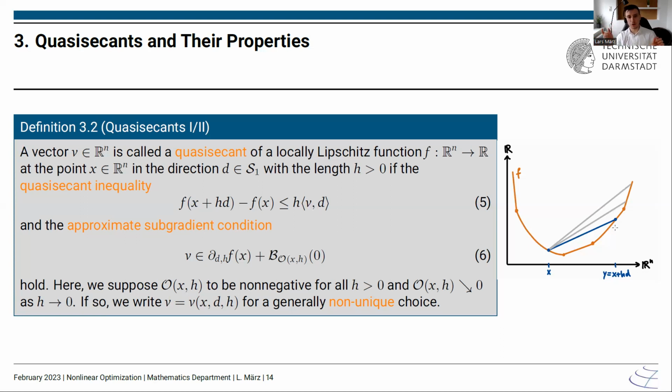There is some tolerance, denoted by this Landau notation, meaning that for each x there exists a map G, for example, that vanishes as h approaches 0. So this definition is actually only interesting for h approaching 0.